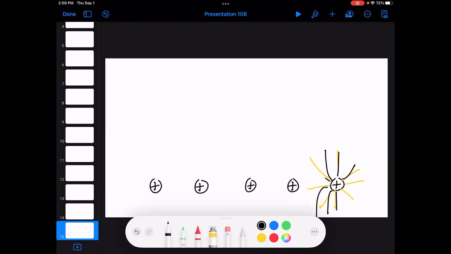Sorry, that line shouldn't be there. Same thing here, lots of vertical stuff. And if I add even more charges in, it gets more and more vertical, right? So the more charges I add along here, the more vertical I'm going to get.